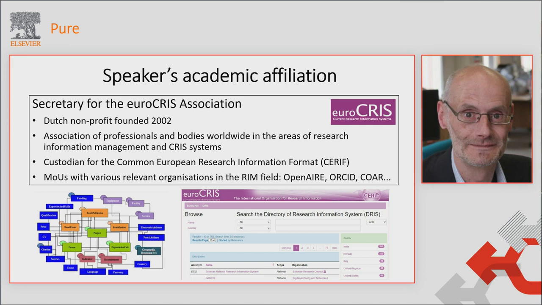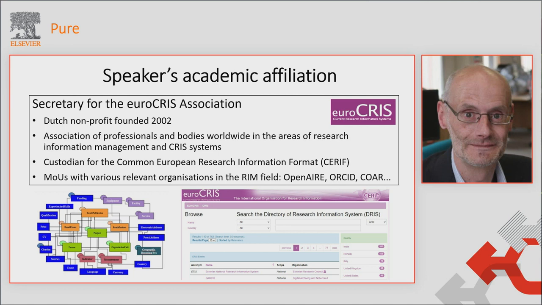And then the DRIS, as it's called, the Directory of Research Information Systems, that tries to provide a snapshot of the CRIS infrastructure worldwide. The name CRIS hints at the fact that the CRIS infrastructure is at its most mature in Europe, mainly due to the research assessment exercises that are run by most countries in Europe that force institutions to report. And this is what CRISs are particularly good at.